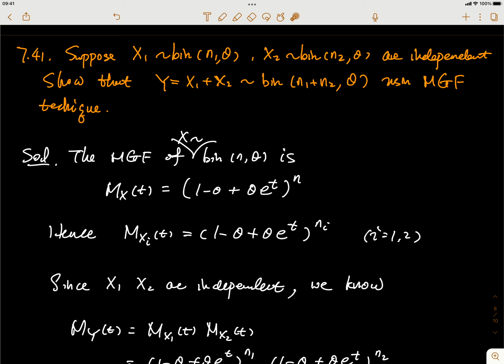X1 represents the number of heads you will get, which is random, so it's a random variable. And X2 is the number of heads you will get by tossing the coin n2 times. So if these two are independent, the sum of them is just the number of heads you're going to get by tossing the coin n1 plus n2 times. So that's why Y has this distribution.